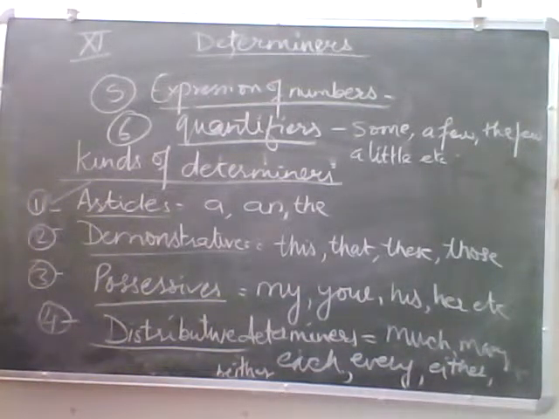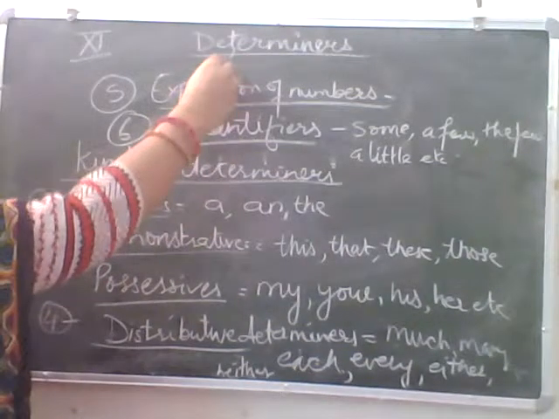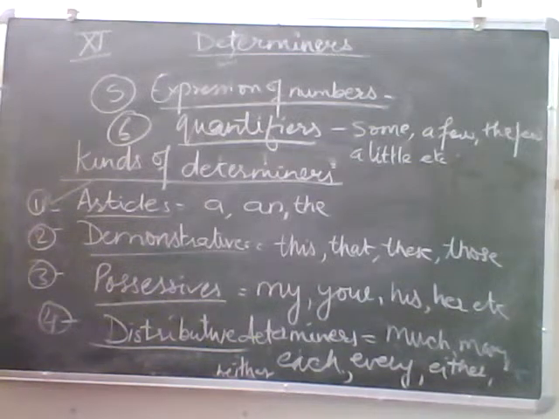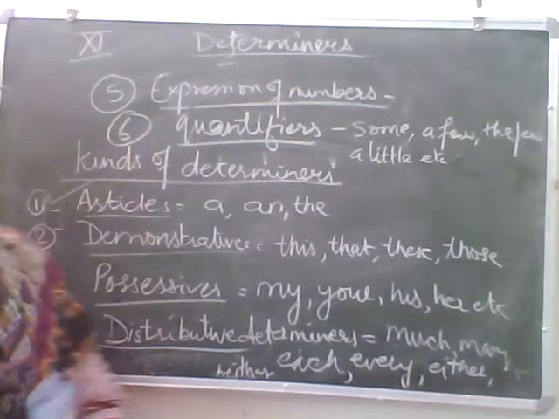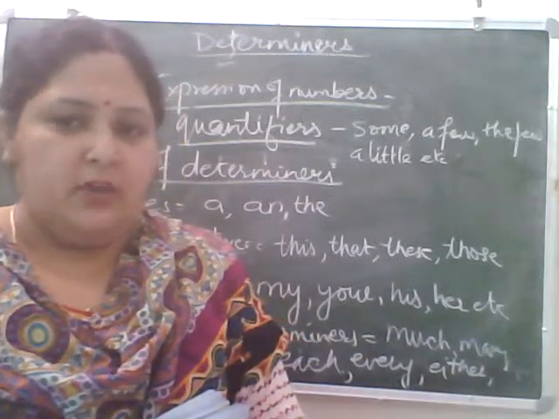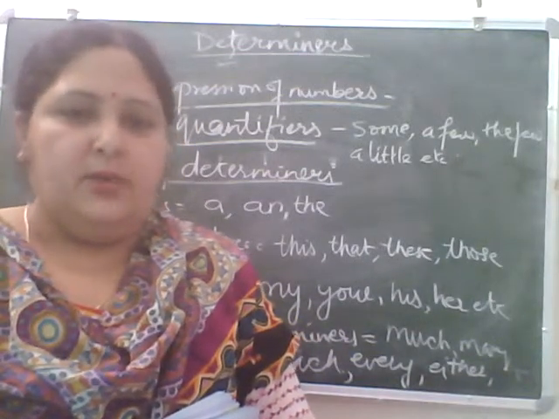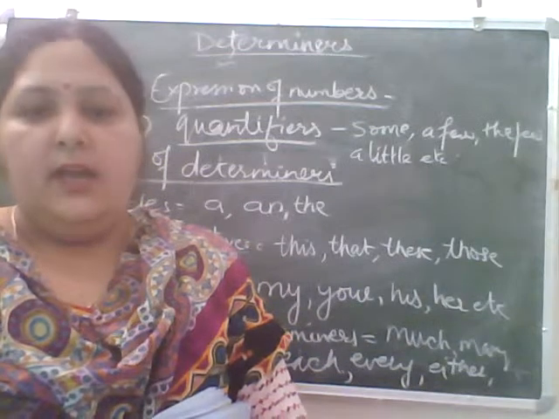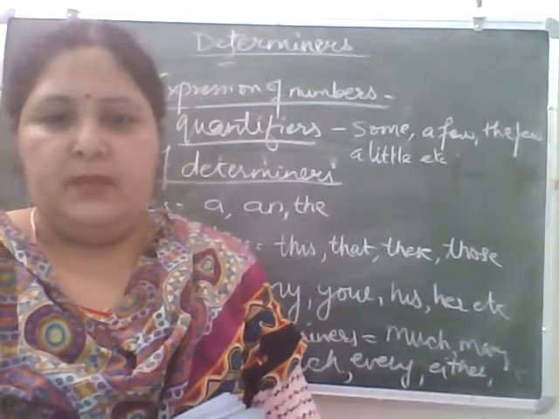We'll save this video for you also. So determiners are the words which are used before a noun, or in front of an adjective, because adjectives are always placed before nouns.